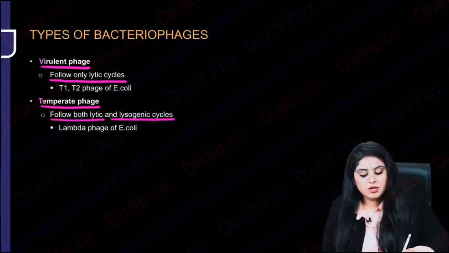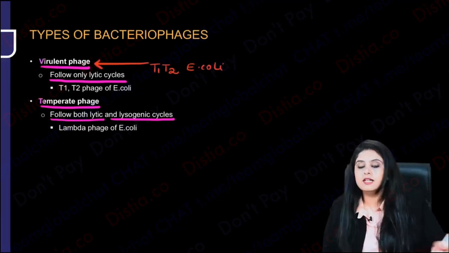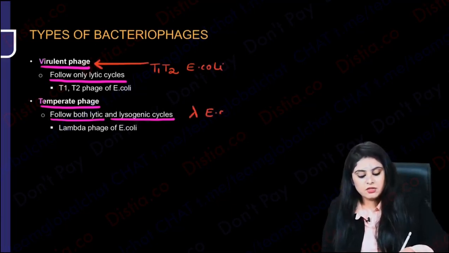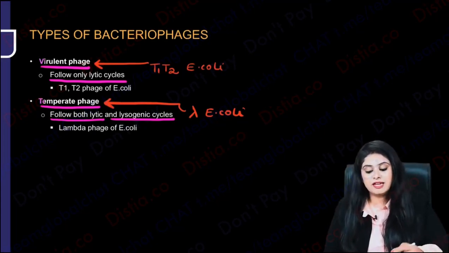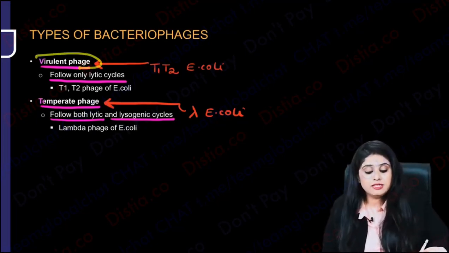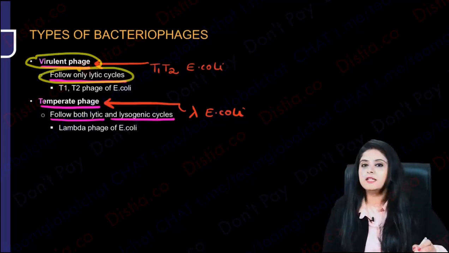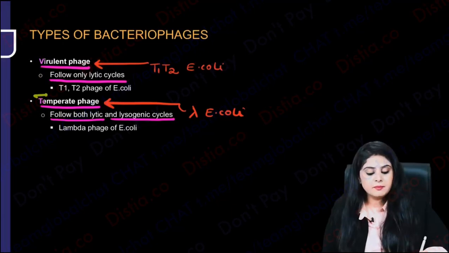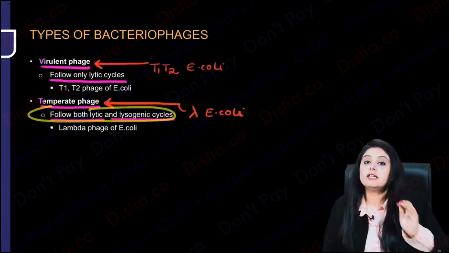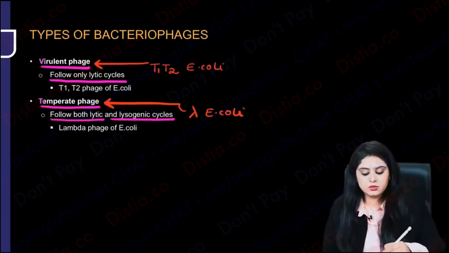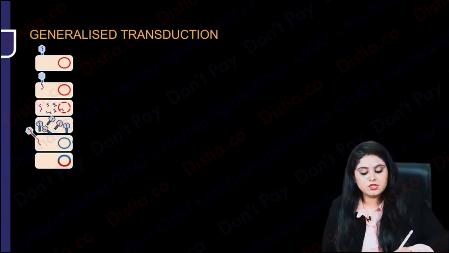So if they ask you what is the T1 and the T2 phage of E. coli, T1 and T2 phage of E. coli are going to be very, very virulent. Whereas the lambda phage of E. coli is going to be temperate. Temperate means it can follow both the things. So remember these again, like I said, memorize them first. So virulent is very, very virulent. It will only break the cells. It is going to cause lytic. Temperate phage will follow two pathways, that is lytic and lysogenic. Now let's go into the details. Memorizing done. Now let's start with transduction.